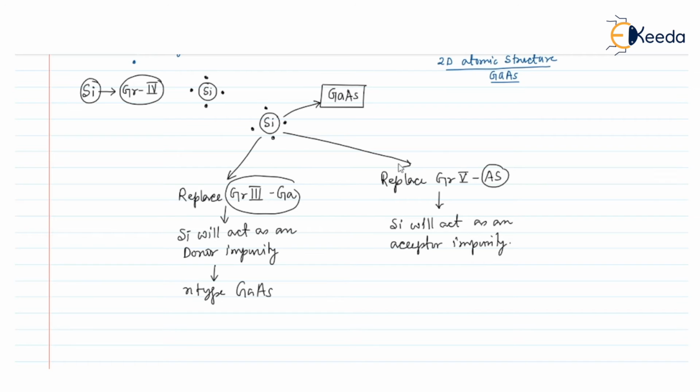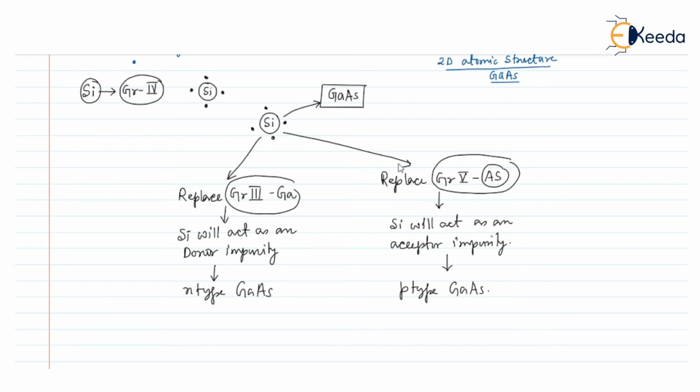And if the silicon atom replaces the group 5 arsenic atom inside the gallium arsenide, then we will get p-type gallium arsenide.